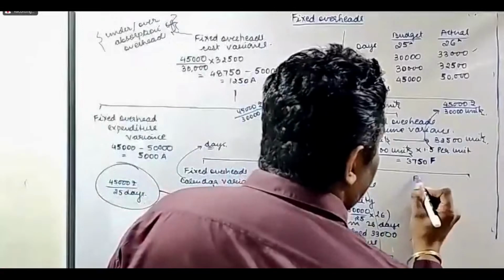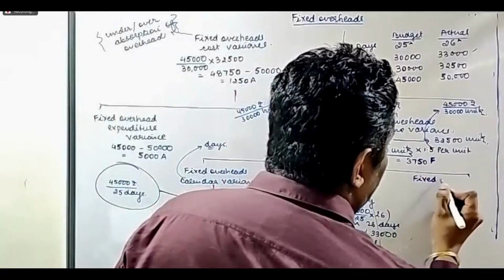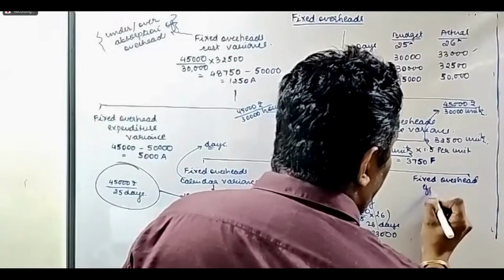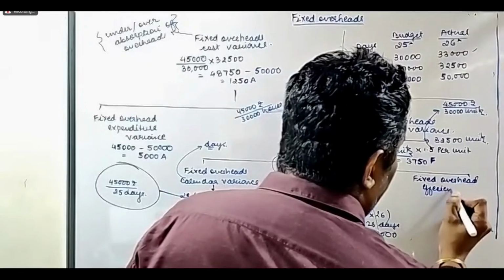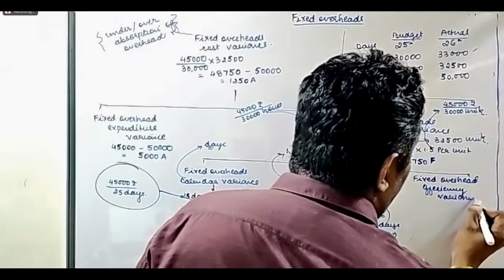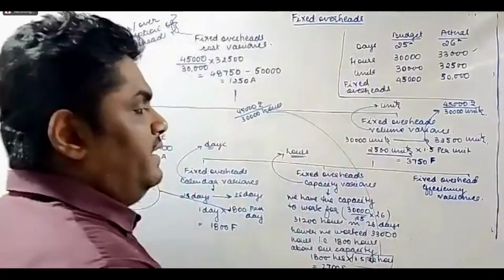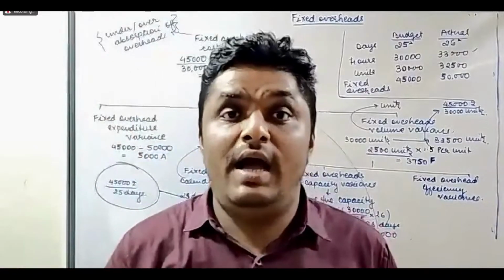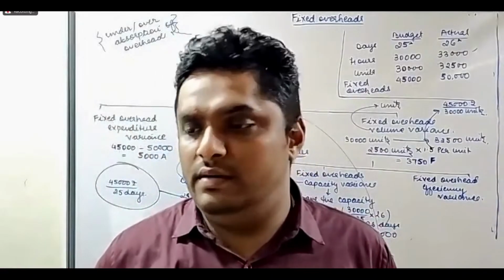So let's start with fixed overhead efficiency variance. The name itself says how efficiently we work.